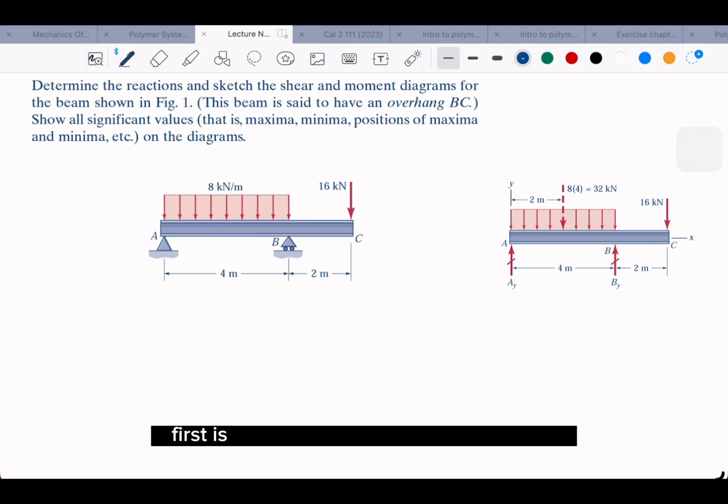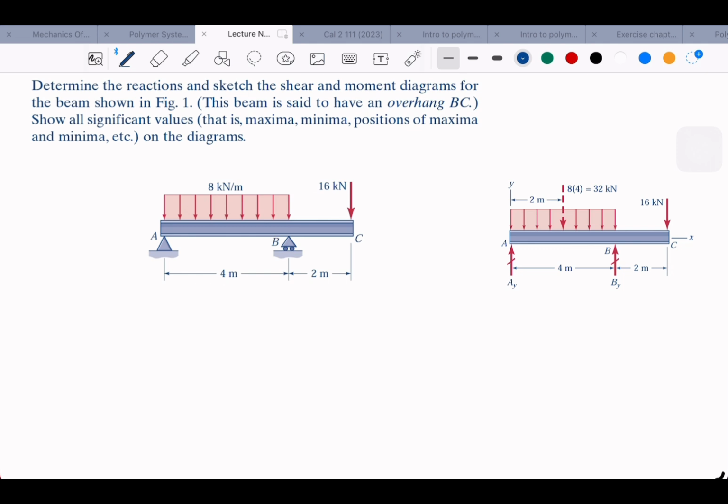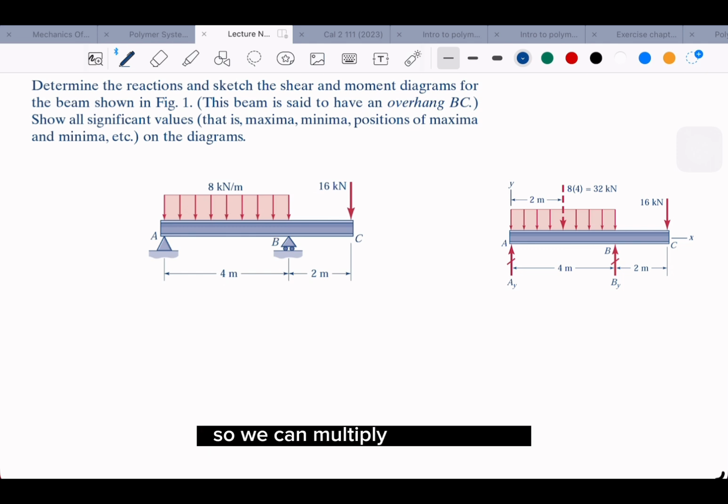First is, if you have this kind of distribution, you can think of it like a rectangle. So we can multiply the force, like the y-axis, the height, and the distance x here is 4. So 4 by 8 is 32.